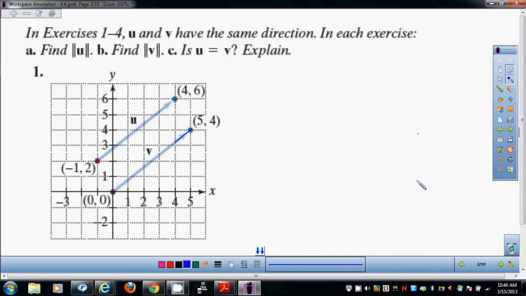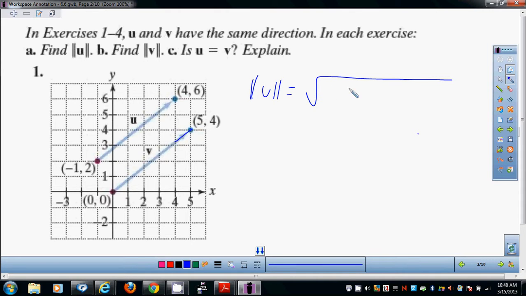The magnitude of a vector is the distance. So, to find the magnitude of u, we're going to do the distance of the initial point and the terminal point. That's the starting point and the ending point. Initial, terminal.